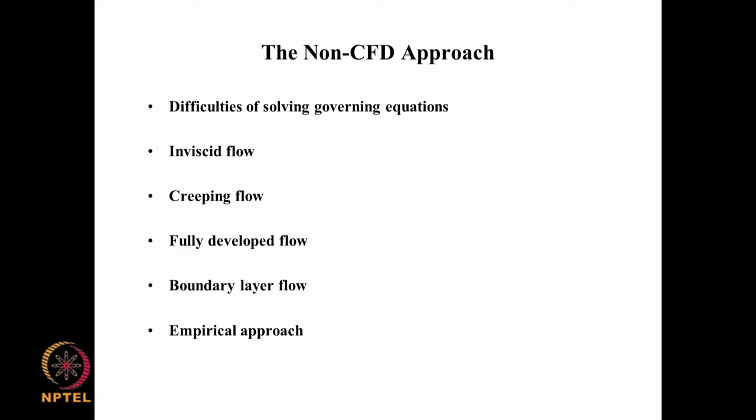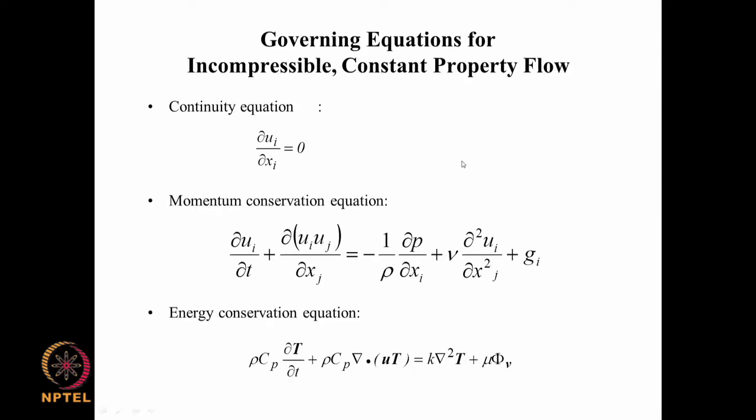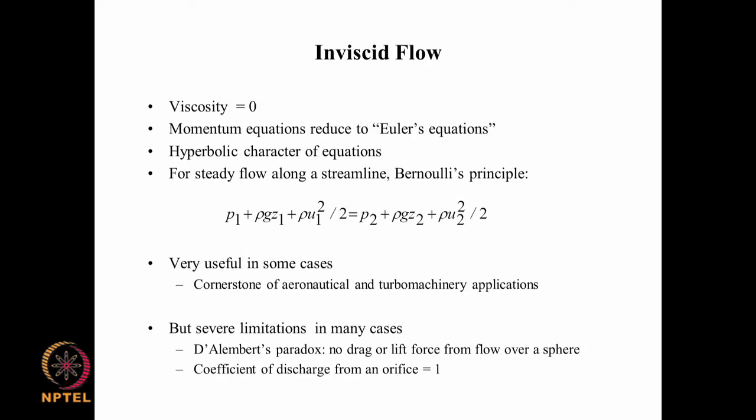And we do not have to make these assumptions when we do the CFD. So, which is why it is important to see what we solve in CFD and what we solve in the analytical approach, and that is the highlight that we are making here.